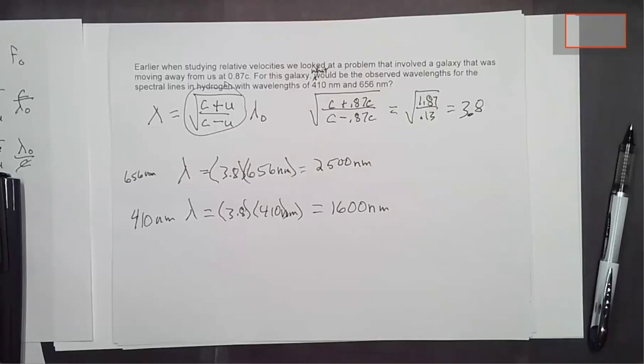Some of them have particular relative spacing between them, but when it's in a completely different part of the spectrum, and maybe you're not even studying infrared light from these things, it can be difficult to figure out what's going on.